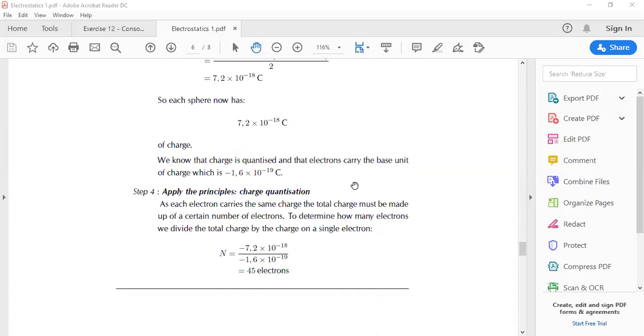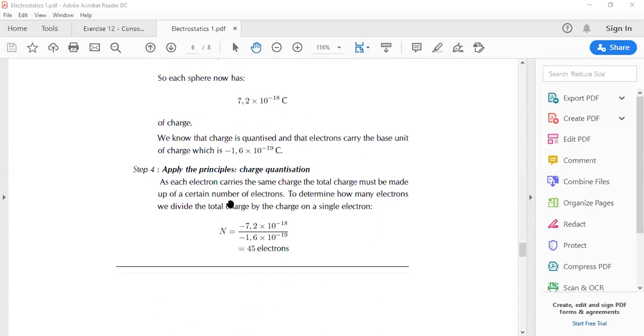We know that charge is quantized and that electrons carry a base unit of charge. So the charge here is the total charge of all the electrons. We go back to this equation, Q is equal to NQE. The total charge is negative 7,2 times 10 to the power negative 18.